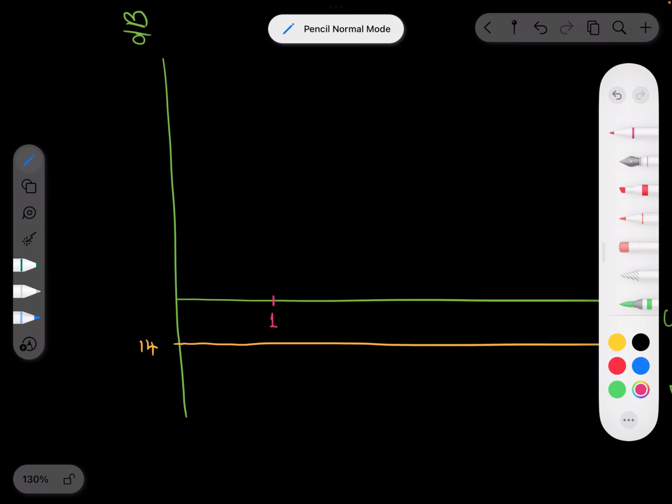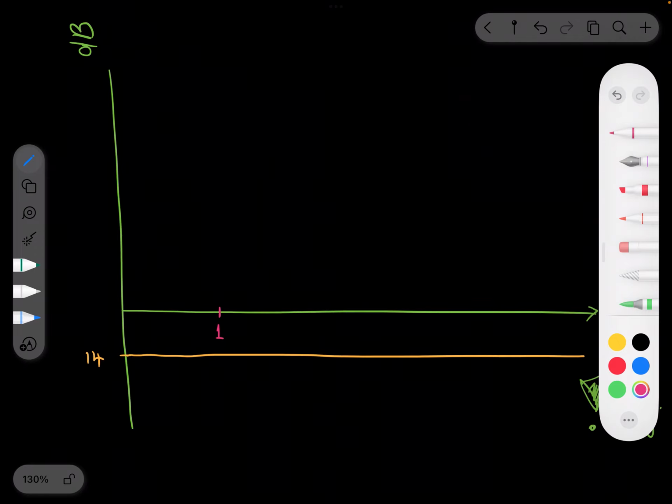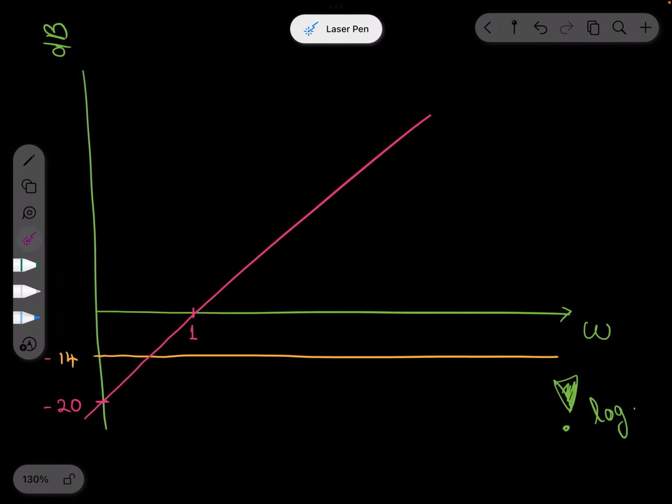So both cross at 1. We're talking about poles and zeros, just the value of S, just the slope changes. So we said slope of 20 decibels. This means here you have minus 20 decibels. And since the scale is logarithmic, you can see how it would progress.